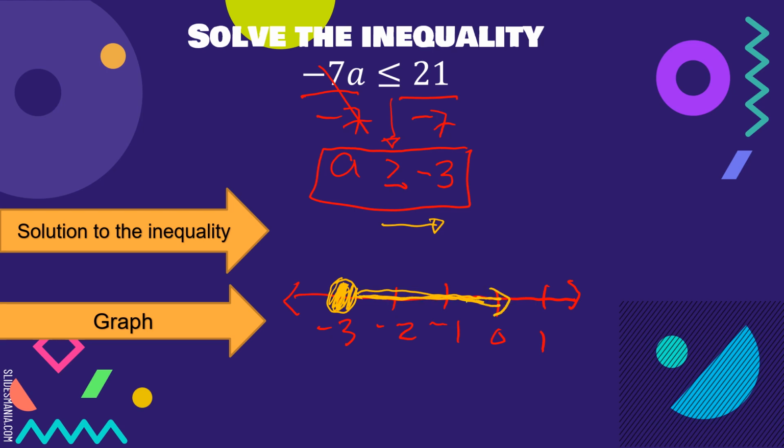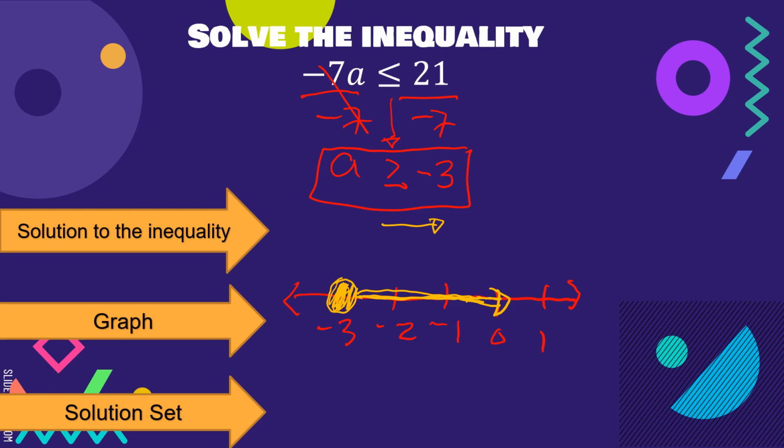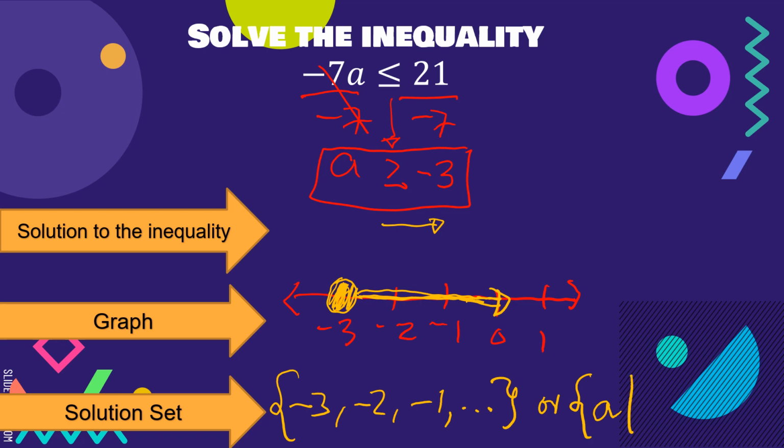And then after this, we are going to write our solution set. Again, we begin with curly braces. Negative 3 is part of the solution set. So negative 3, negative 2, negative 1, up to dot dot dot, close curly braces. Or this can be simply the set of all a such that a is greater than or equal to negative 3.